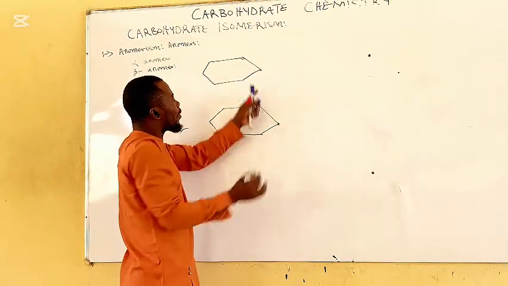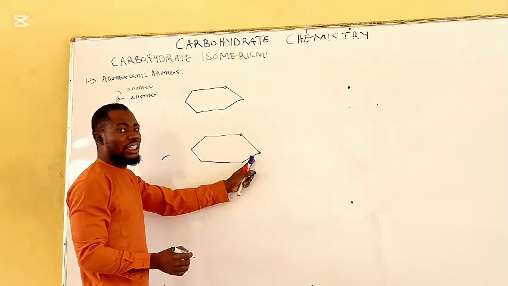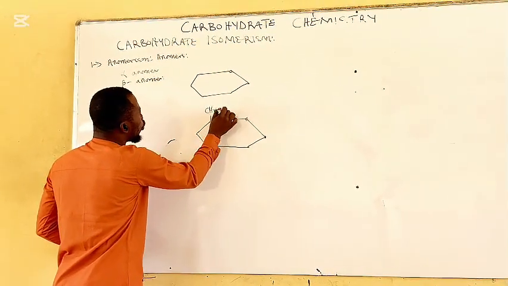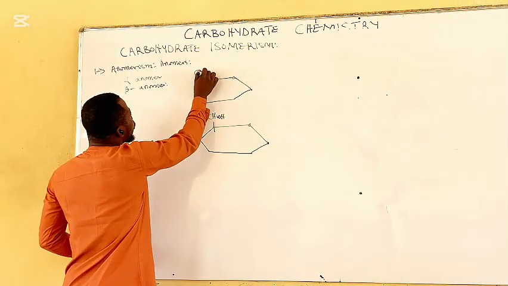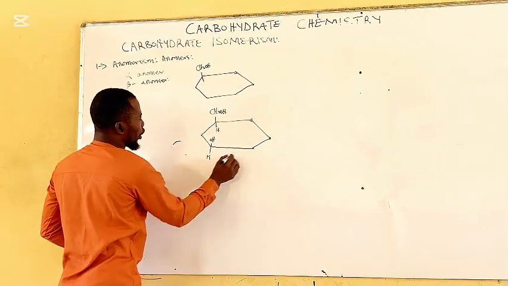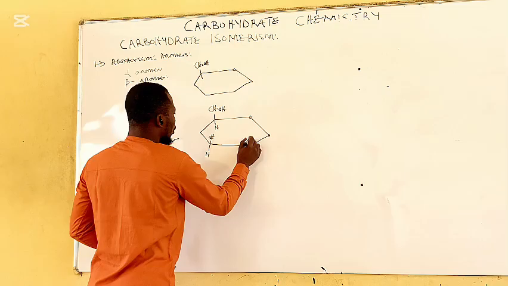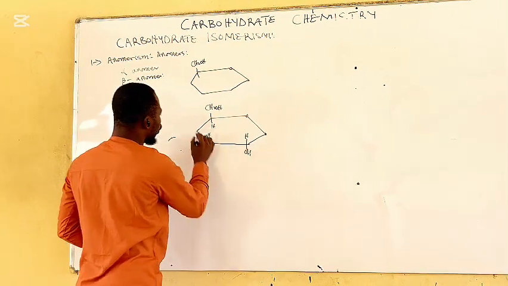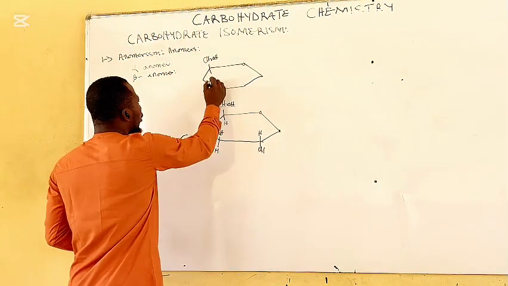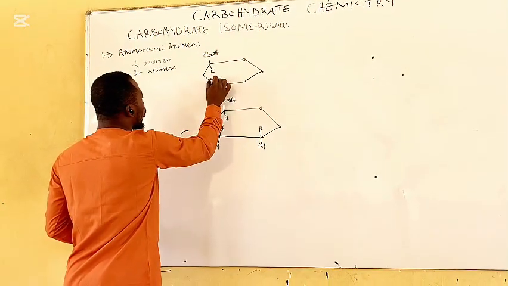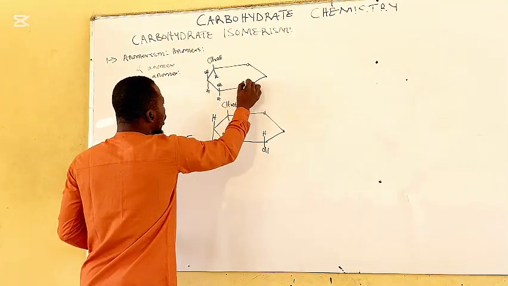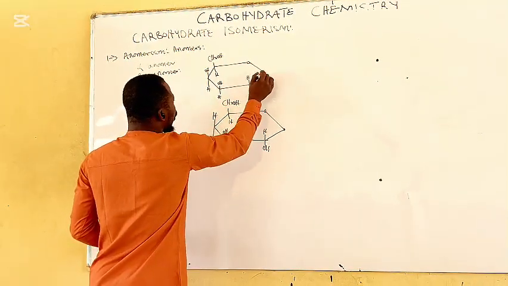So here we have CH2OH, CH2OH, OH and H, OH, H and H. Also here we'll have H, OH and H. Here we'll have H, OH.